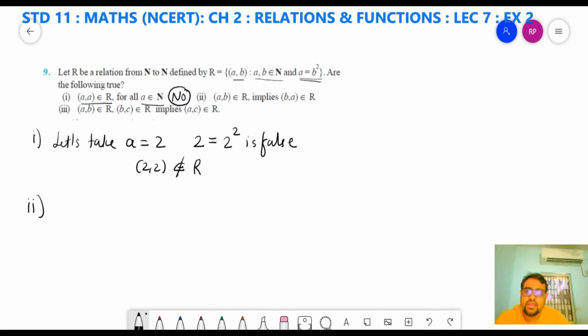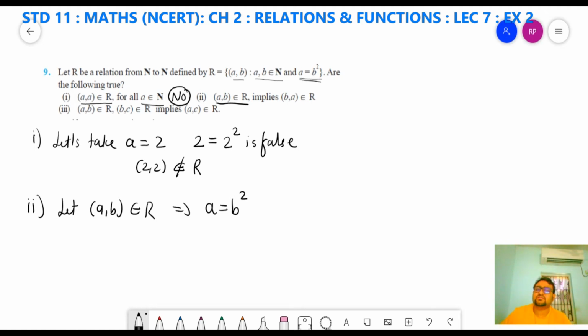Now let's take the second one. (a, b) belongs to R implies (b, a) belongs to R. Without taking an example, just (a, b) belongs to R. So what does this mean? a is equal to b square.